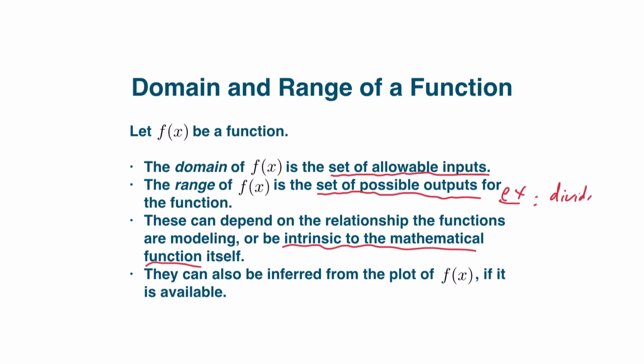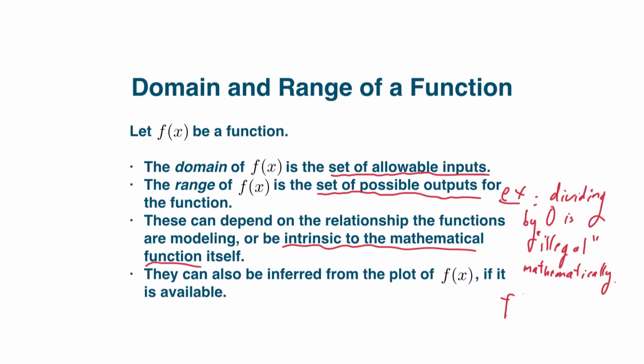Dividing by 0 is, I'll say, illegal mathematically. So why do I bring this up here? Well, it's an illegal mathematical operation. So if my function is asking me to do that, I'm in trouble. Okay? Whatever points would correspond to division by 0 cannot be allowed in the domain, for example.